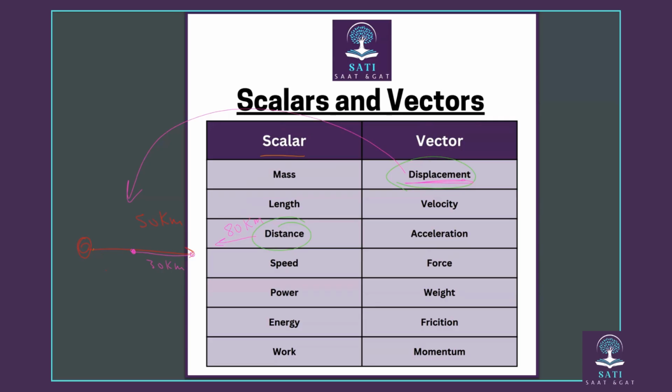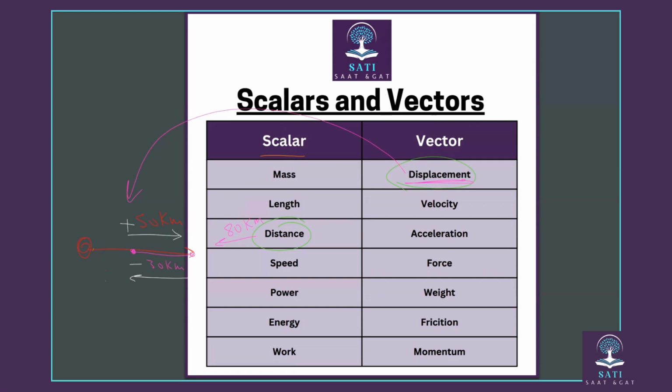So when we study vector quantities, we have to be careful about directions. If we describe the right direction as positive, then the left direction will be negative. If you want to find displacement, you add these values with their given signs.